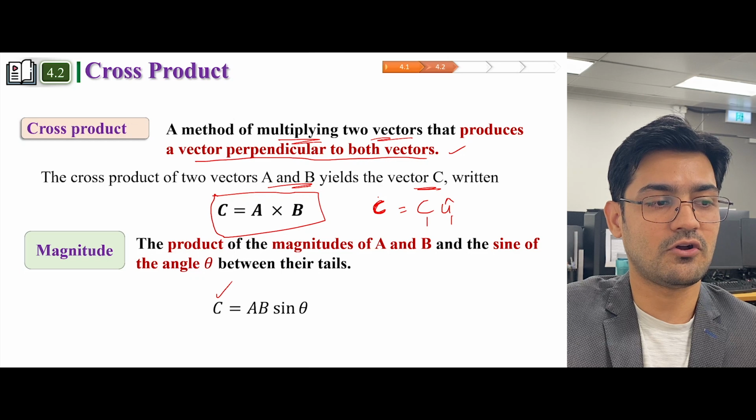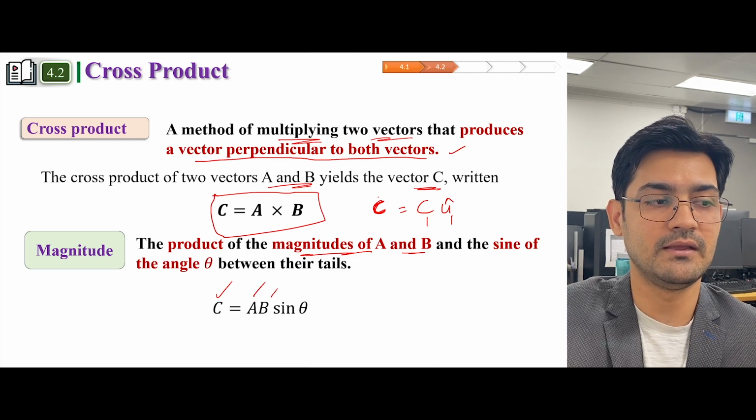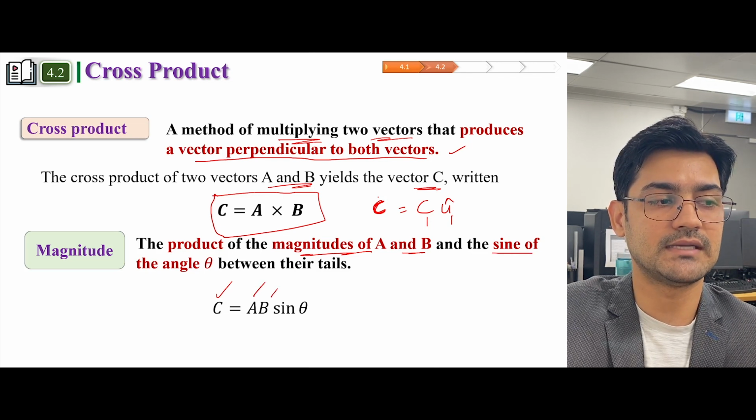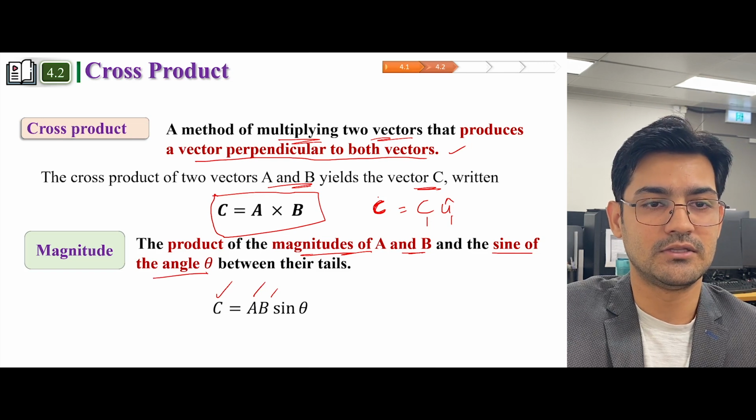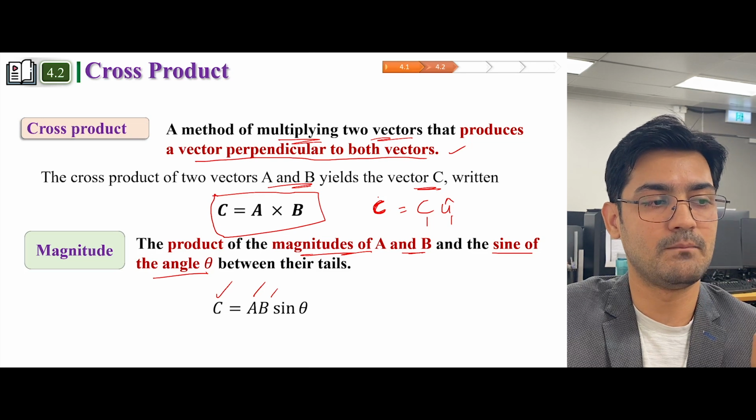So the product of the magnitudes of A and B: if you calculate the magnitude of the original vector A and the original vector B, and multiply this by the sine of the angle between them, this gives you the resultant magnitude.